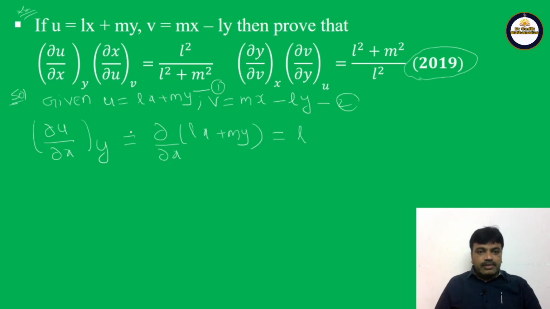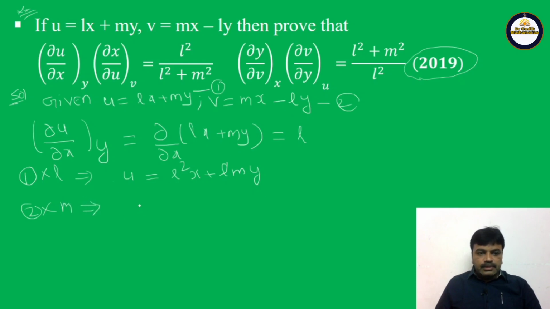So 1 multiplied by L, then we get Lu is equal to L²x plus Lm into y. And 2 multiplied by m, because we have Lm here.